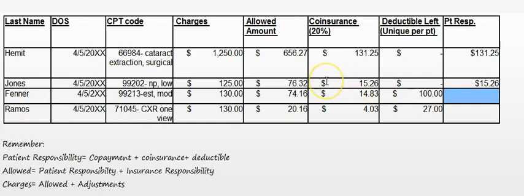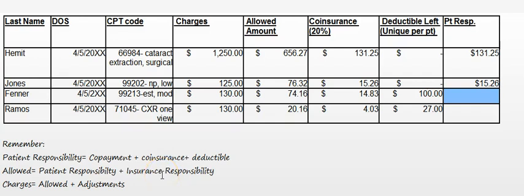Now, because we are talking about participating with the insurance company and accepting assignment, this is the total allowed amount that we can collect from both the insurance company and the patient combined. So if you look here, see our little formula is the allowed amount is the patient responsibility plus the insurance responsibility.